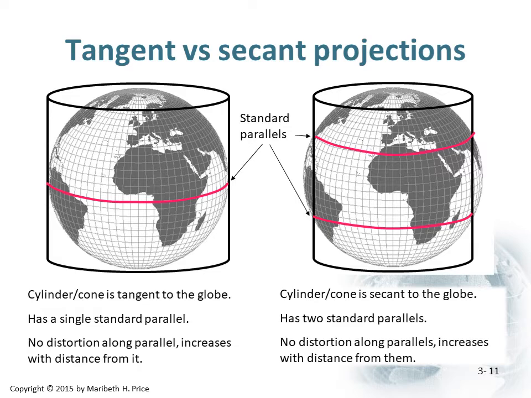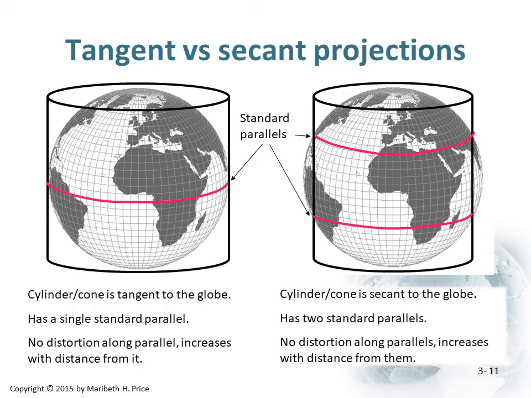Now, I said we had two different flavors of it, if you will. What if you have two standard parallels? Two standard parallels occur if you imagine making that cylinder even smaller, to the point where it's smaller than the diameter of the Earth. So it has to enter and exit the Earth's surface at some point. Now, instead of having one line where everything is perfect, and as you move away from it the distortion increases, if you have the lines properly positioned over an area of interest, you'll have two lines where it's perfect, and you'll have a larger area that's near perfect.